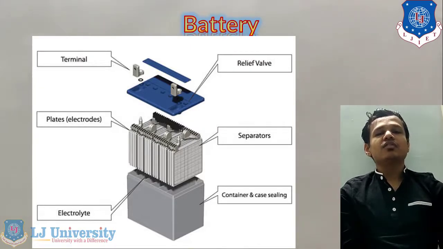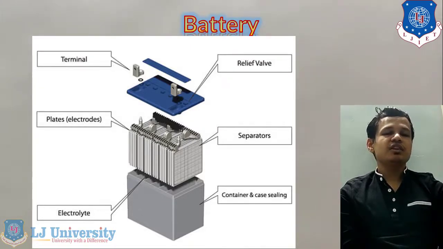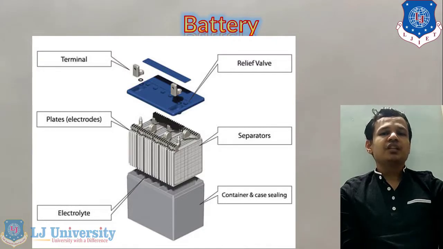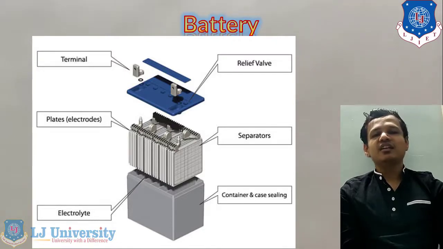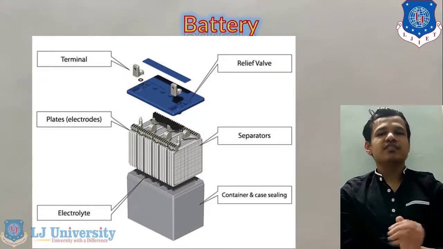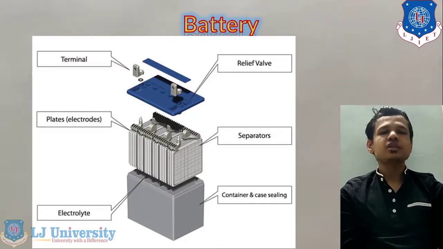There are also 2 terminals given on the top of the battery, one positive and the second negative, which are connected with our vehicle or whichever 2-wheeler we are using. Also one relief valve is provided.